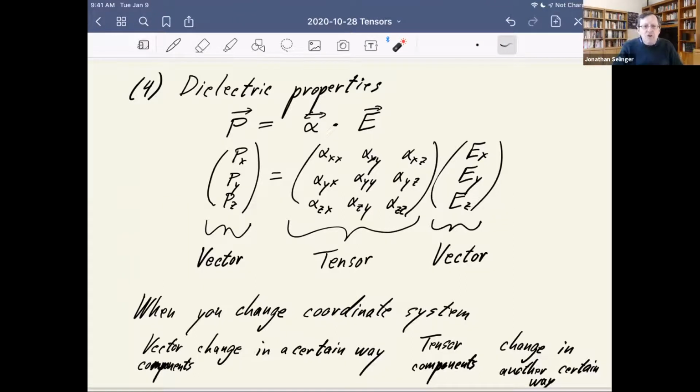And in order to do this, he had to consider transformations between different kinds of coordinate systems. So that's related to Ibrahim's question about how do you change from one coordinate system to another one. That is another great subject, which is beyond the scope of this course.